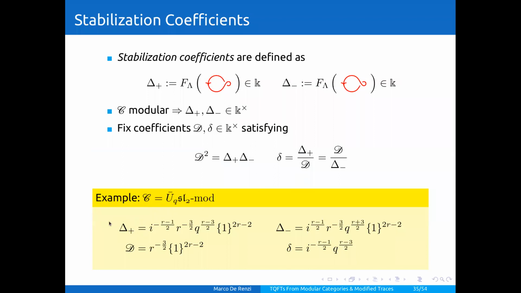The positive stabilization coefficient, capital delta plus, is given by this formula involving r, which is the order of the root of unity, q, which is the root of unity itself, and this Laurent polynomial in q. Then capital delta minus is also given by a similar formula. Their product, we can choose a square root for it, curly d, given by this simple formula, and delta is then determined uniquely through this formula.